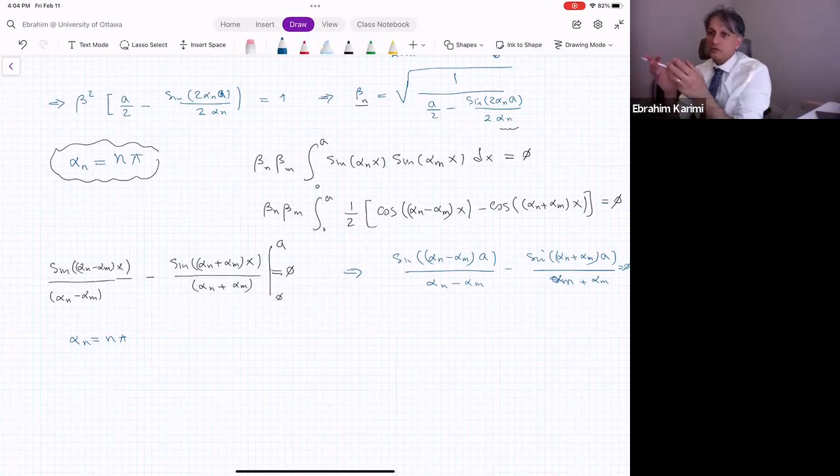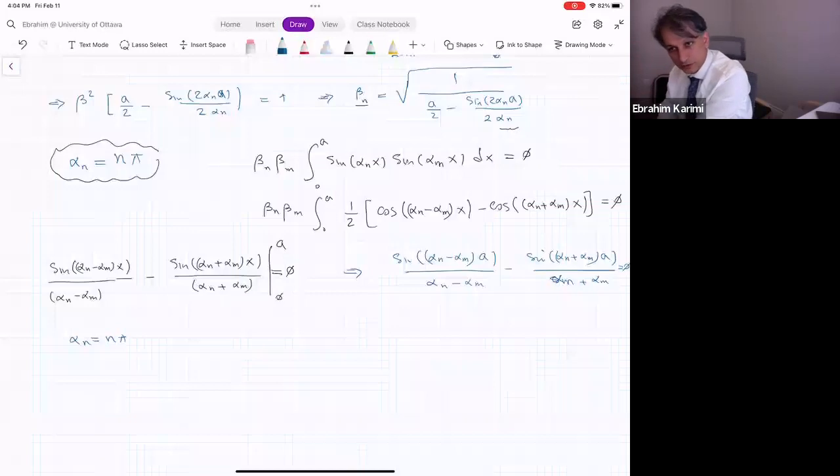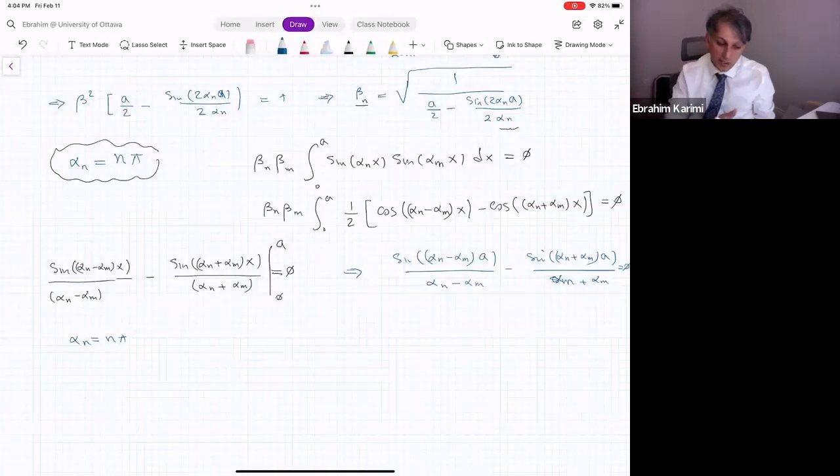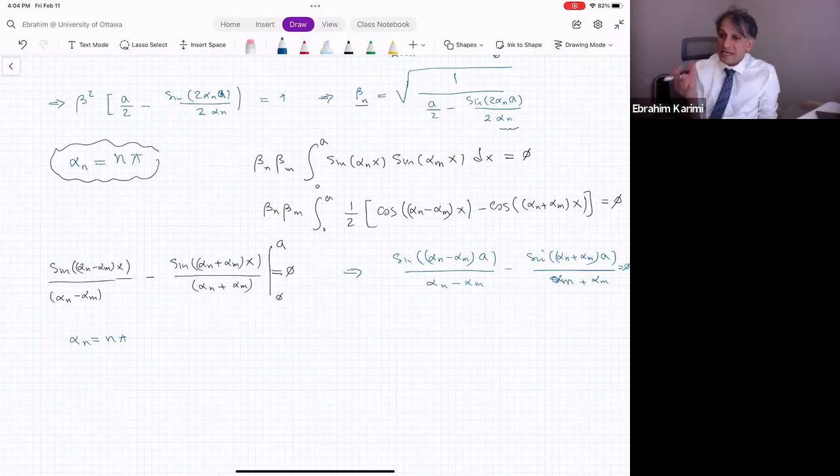And you assume that for any A, that should be equal to 0. So the first one should be equal to 0 and the second one also should be equal to 0. Then what you get from the relationship here is that alpha n minus alpha m should be an integer times pi. Alpha n plus alpha m also should be an integer times pi, because that is for any arbitrary a. Okay?